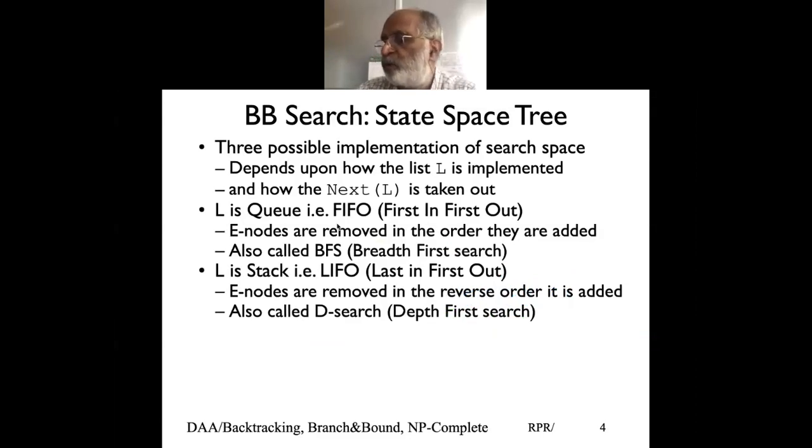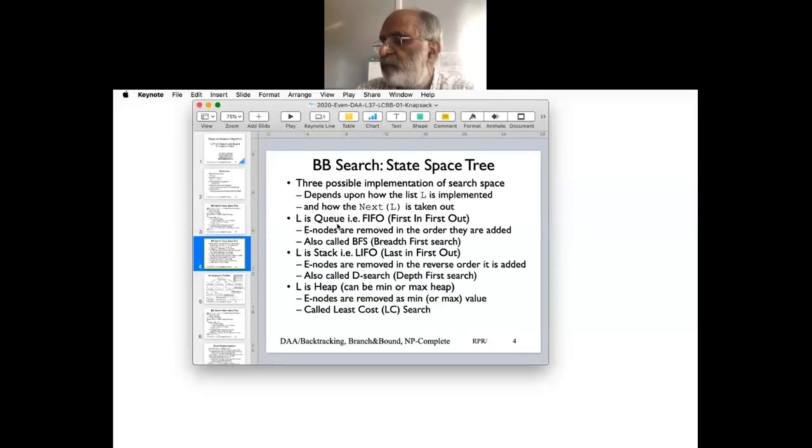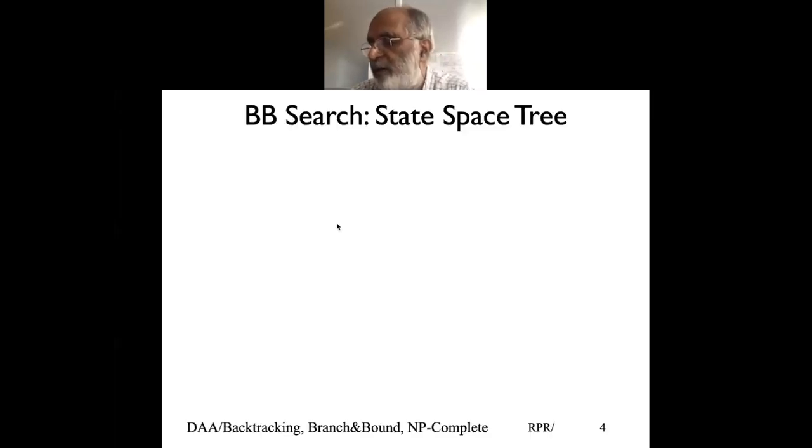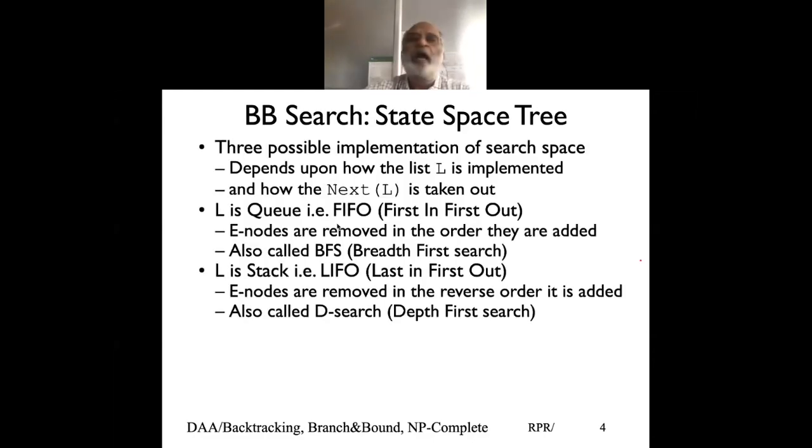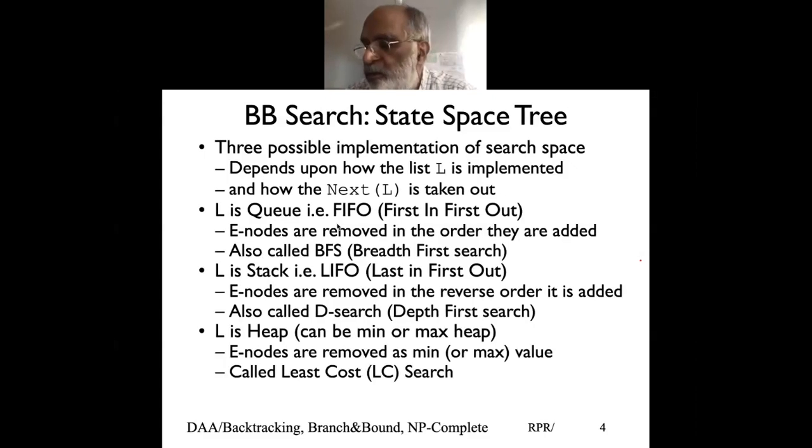That means if we start from the root, let's say root T, with a number of children, you will explore this, then explore this, then explore this. What we typically do in the backtracking approach, and that is what my LIFO basically is. And the other is what we call least cost.